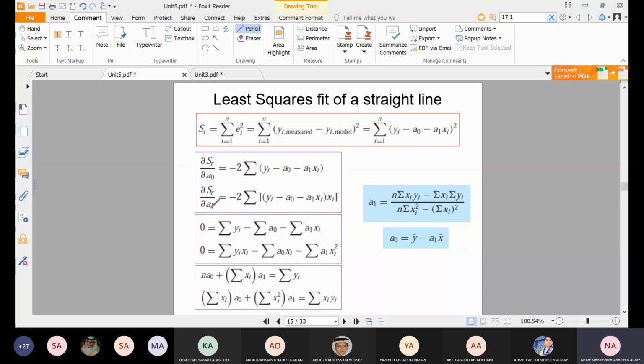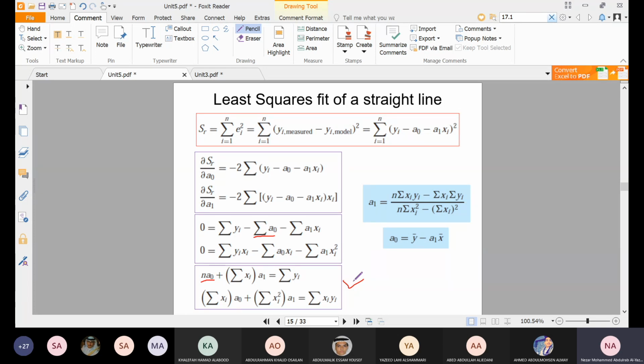And we take the partial derivative of the error with respect to A1 and equate it to 0. After that, we rearrange the equations like this. After we derive this and rearrange by equating the equations, we finalize with this final form, or final equations.